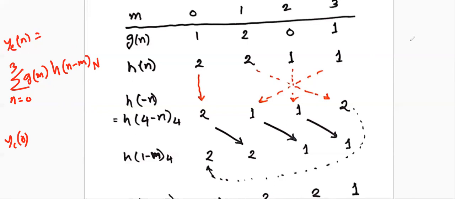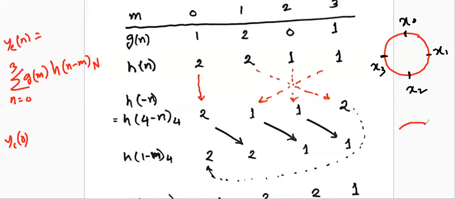Logically, let's say for the samples, this is x0, this is x1, x2, and x3. If we do the folding operation, it looks like a mirror operation, so the folding operation gives this. Try to be with me.